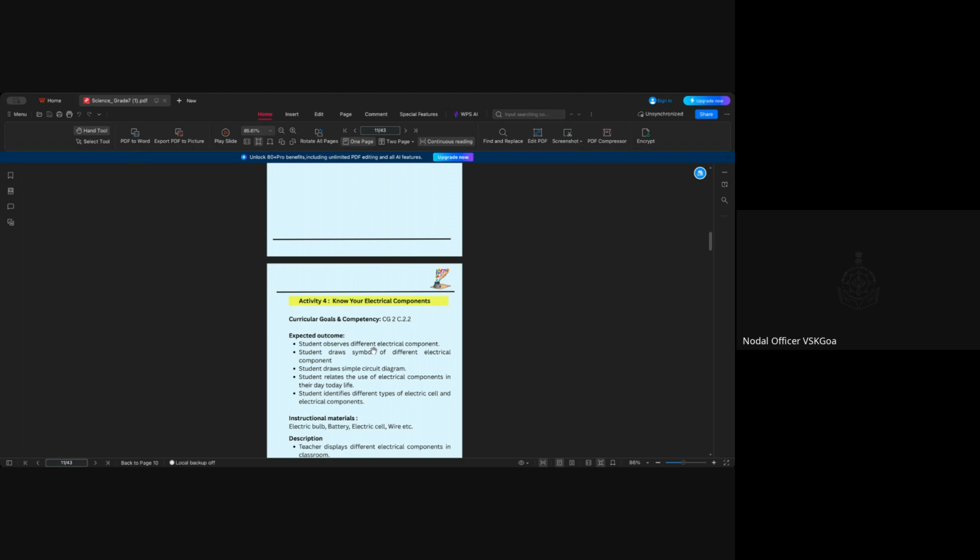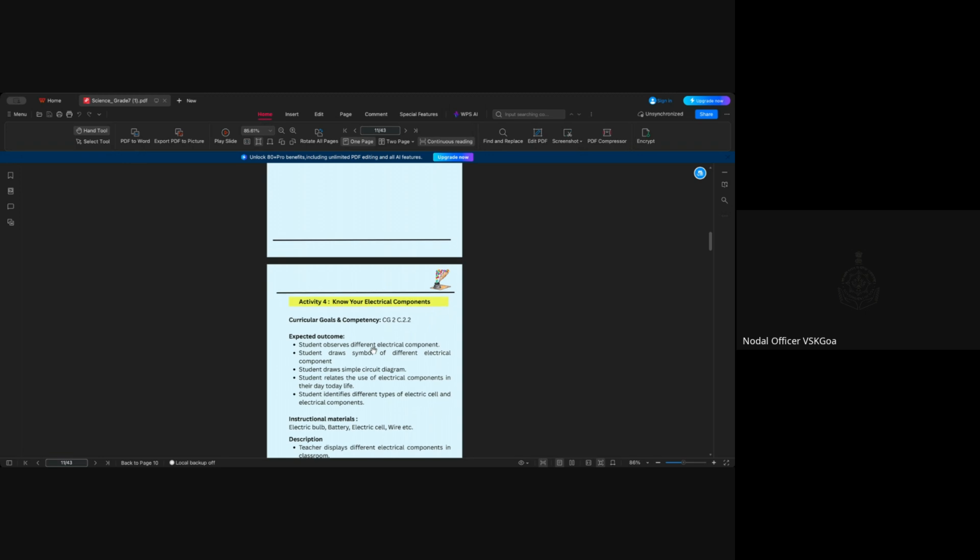In curricular goal 2, competency 2.2 indicator says the student describes how electricity works through manipulating different elements in a simple circuit. Then apply scientific knowledge in daily life, that is competency 5.1. Competency 6.2, formulating questions using scientific terminology, and 7.2 says representing ideas through diagrams or through oral or visual communication. So these are the competencies this particular activity is catering to.